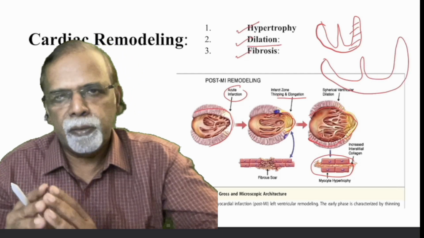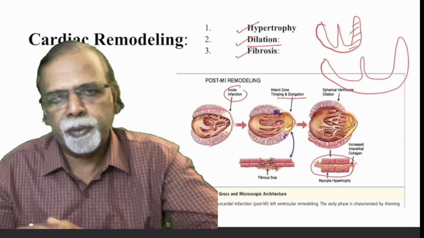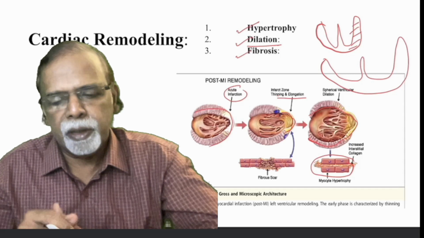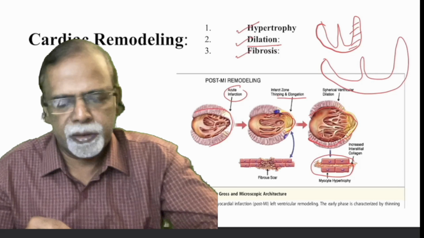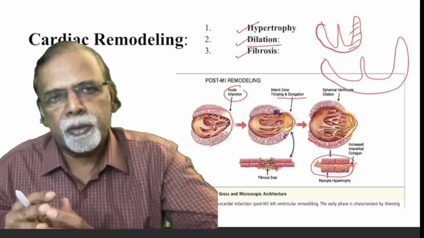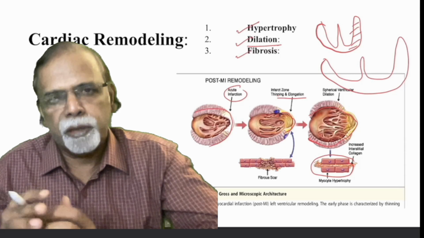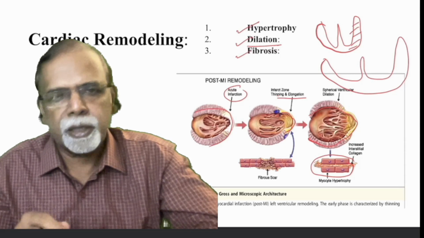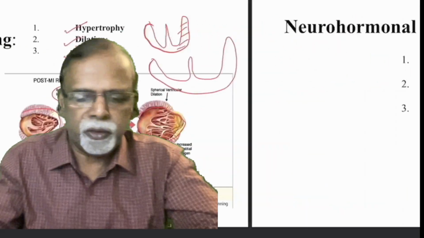So all this will produce changes in the shape, and this will affect the contractility of the heart. The neurohormonal mechanisms will also be a reason for the structural remodeling that is occurring.